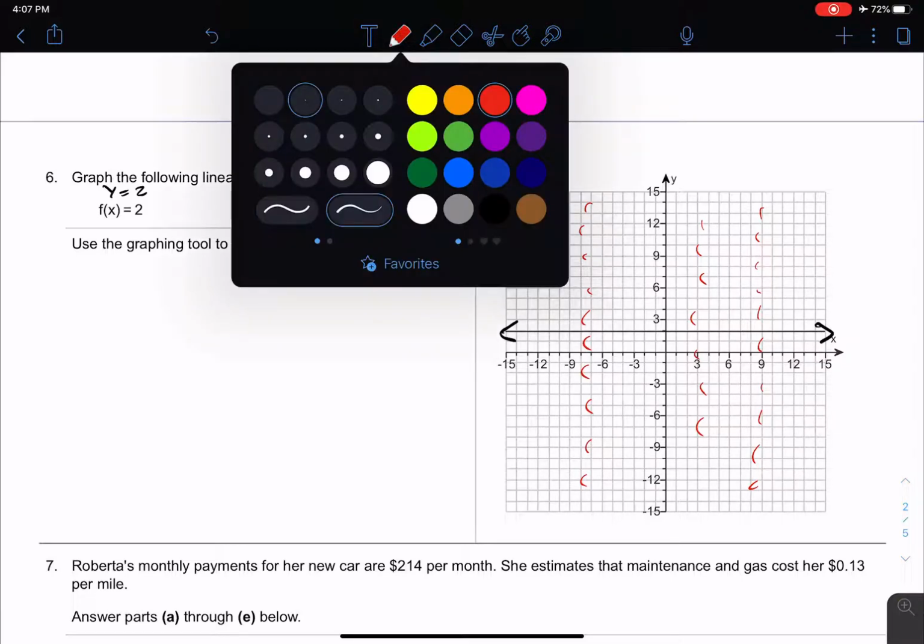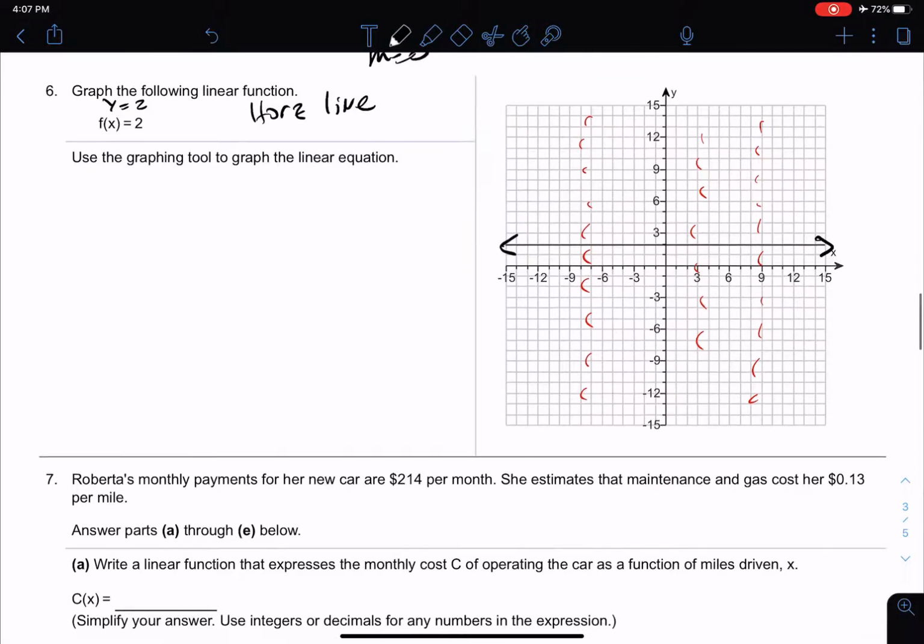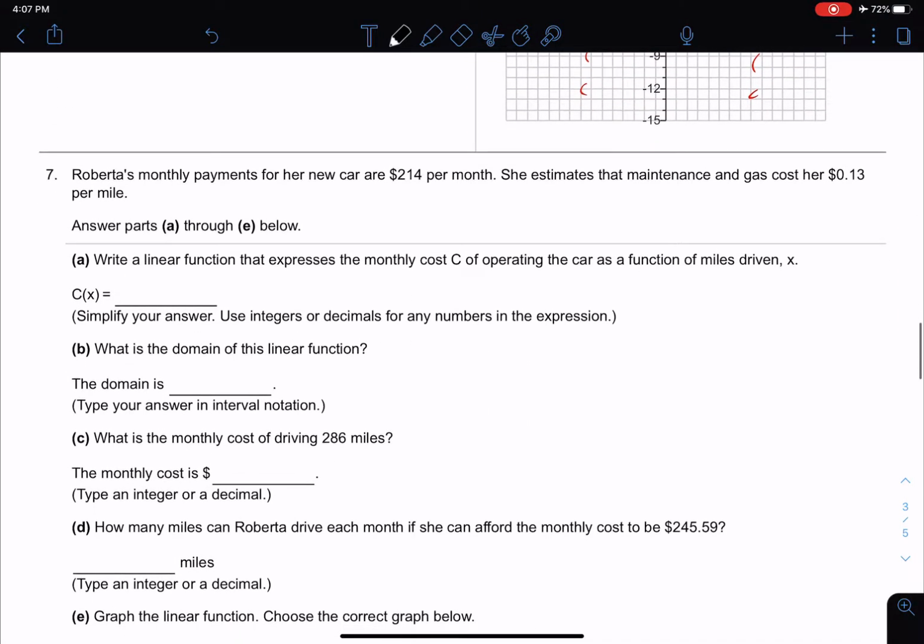Okay, let's move on to the next problem. Roberta's monthly payment for her new car is $214 per month. She estimates that maintenance and gas costs her 13 cents, or $0.13, per mile.